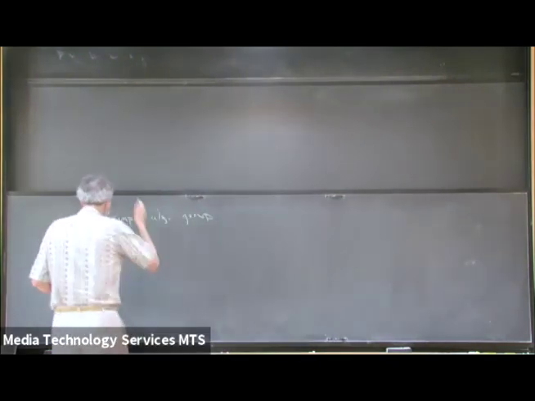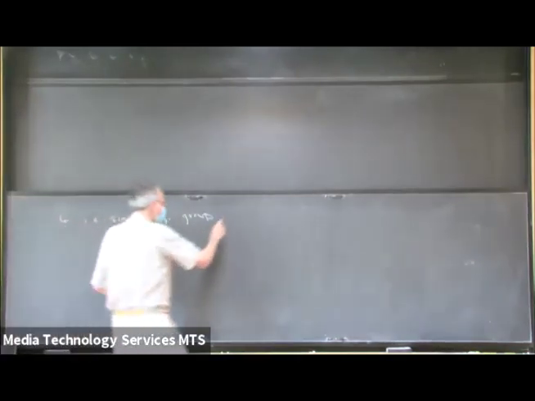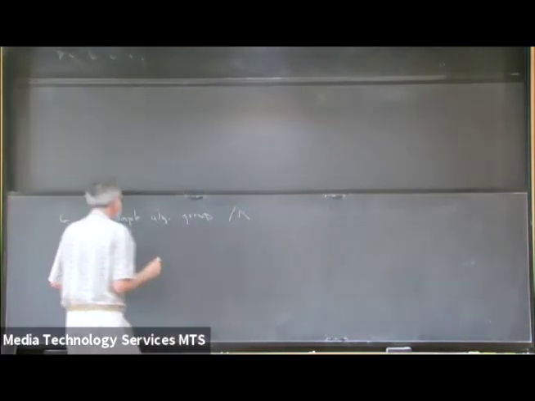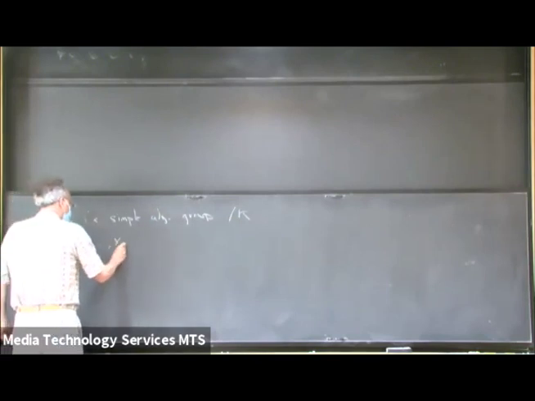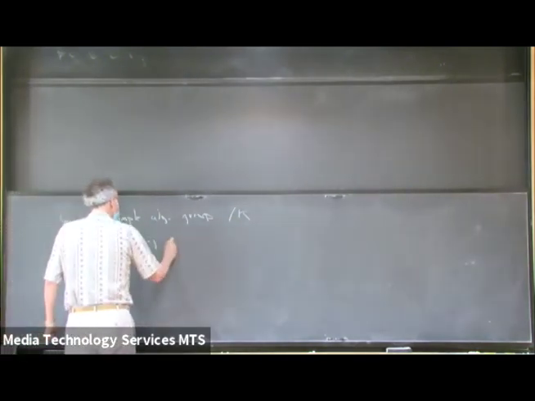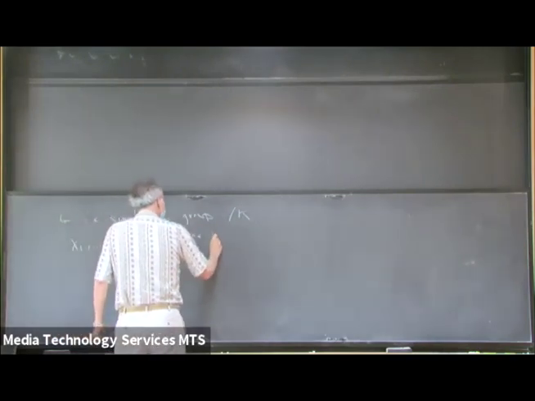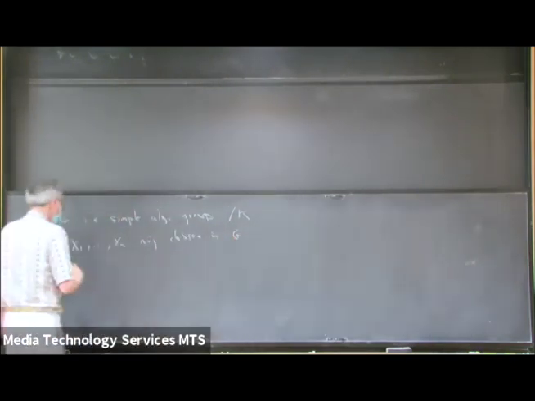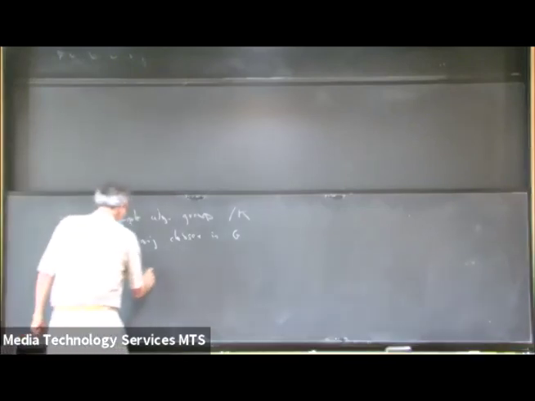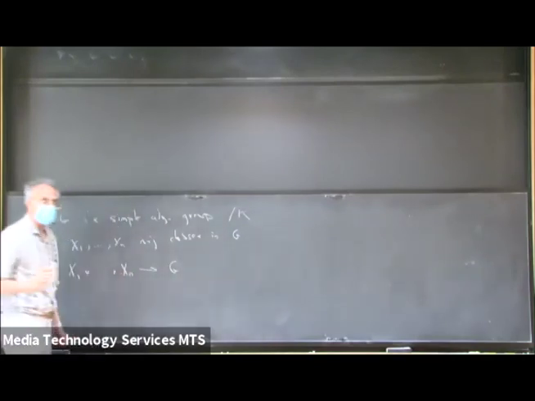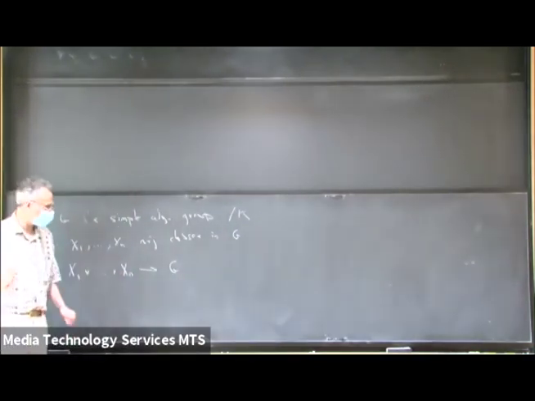Okay, so G is a simple algebraic group, let's say over a field K. And we have conjugacy classes x1 through xn. And there's a product map from x1 times dot dot dot times xn to G. You have a morphism of varieties in this way.